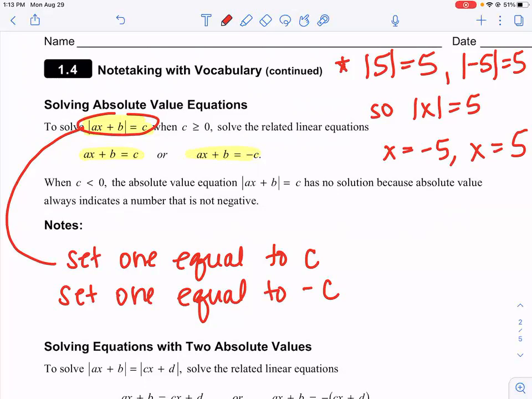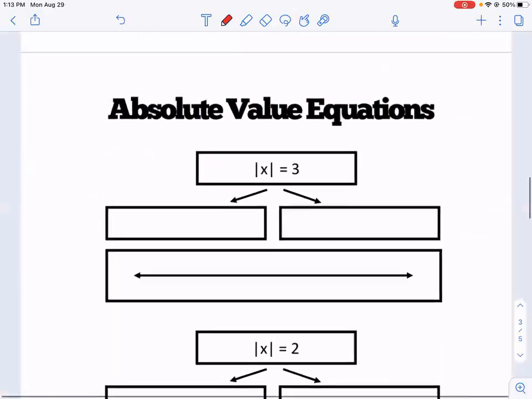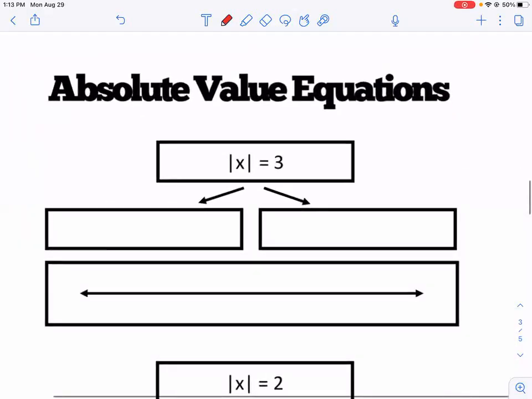Here, can you hold your paper? So we're going to start off with 3. Why aren't you doing this?